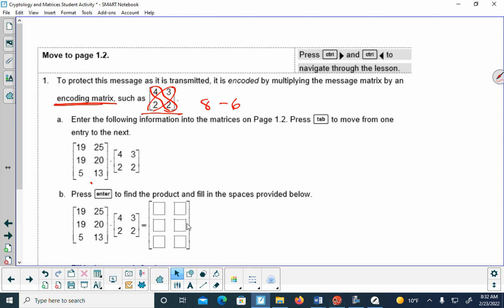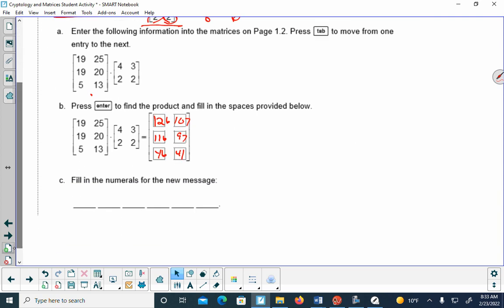I'm going to go back to my paper and write down the product that I got, which is 126, 107, 116, 97, 46, and 41. That's exactly the way it appeared on my calculator. Now it says fill in the numerals for the new message, so I write 126, 107, 116, 97, 46, and 41.